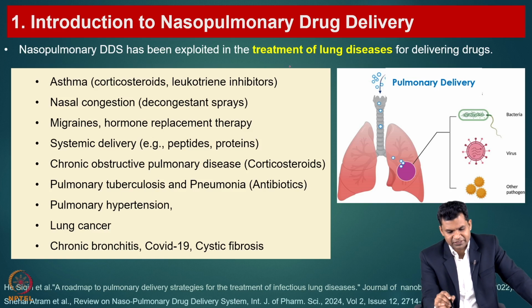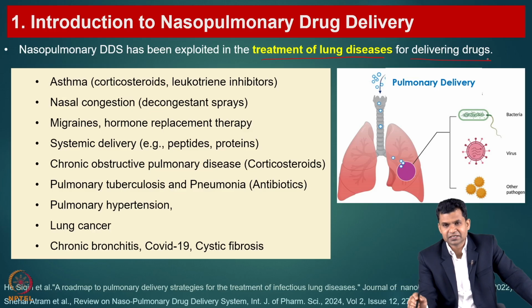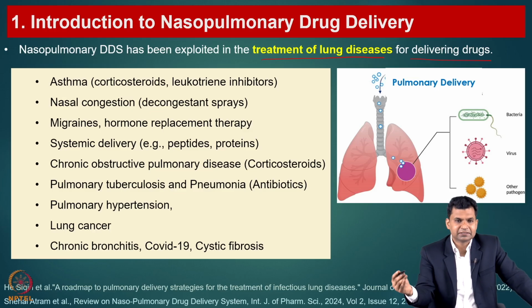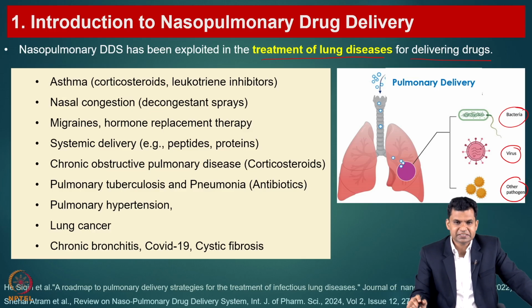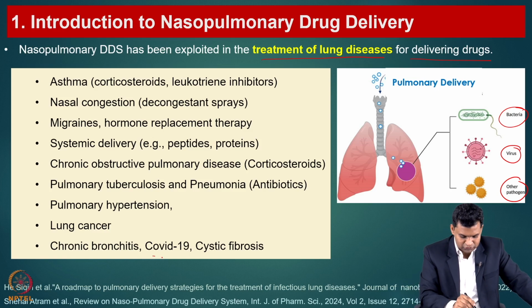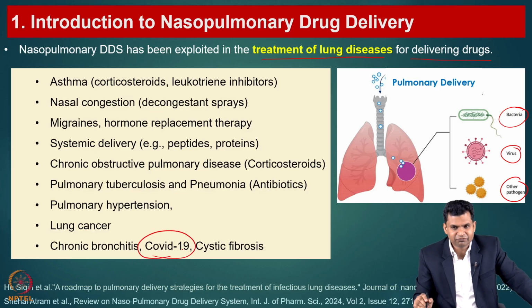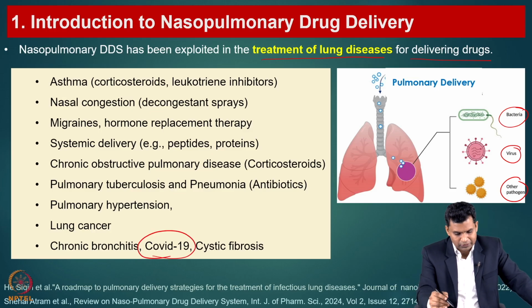These are various formulations we can use for the treatment of lung diseases by delivering drugs, biopharmaceutical products, and other types of molecules. Now, you can see how various types of microorganisms infect, for example, tuberculosis and pneumonia, right. These may happen with infection from microorganisms like bacteria and viruses, and we know COVID-19 is also because of a virus.